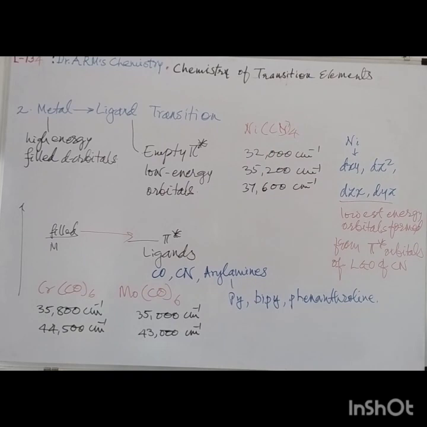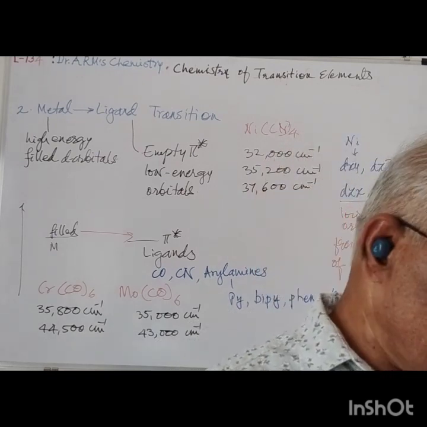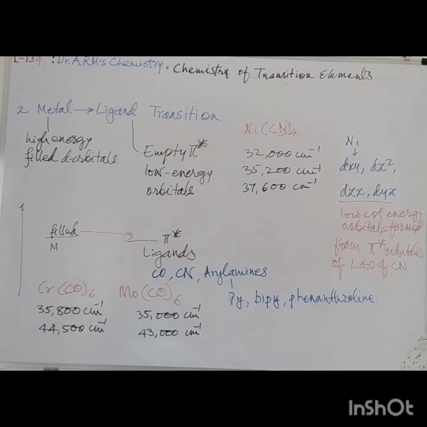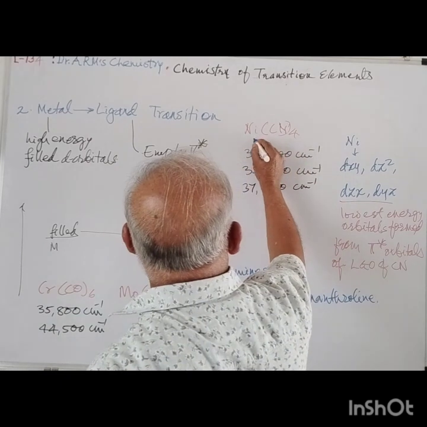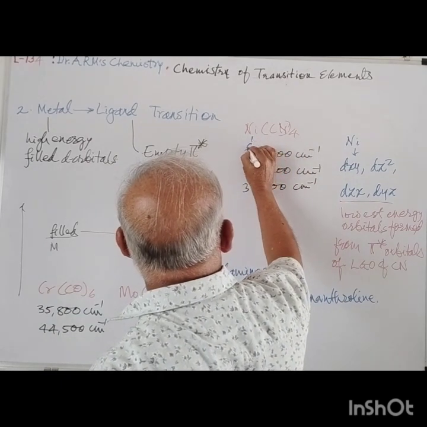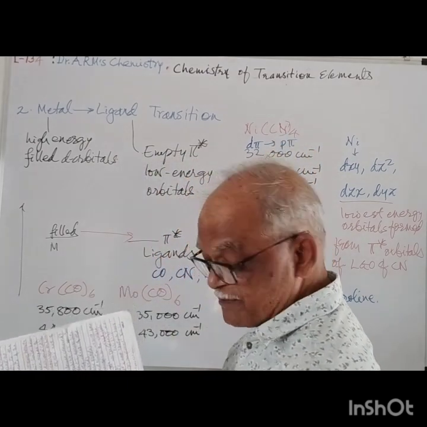The four CO groups are involved here, giving rise to these orbitals of the metal ion which contain electrons, and these electrons are transferred to the vacant p orbitals of carbon. So this is a d pi to p pi transition. This nickel has d pi to p pi transitions.